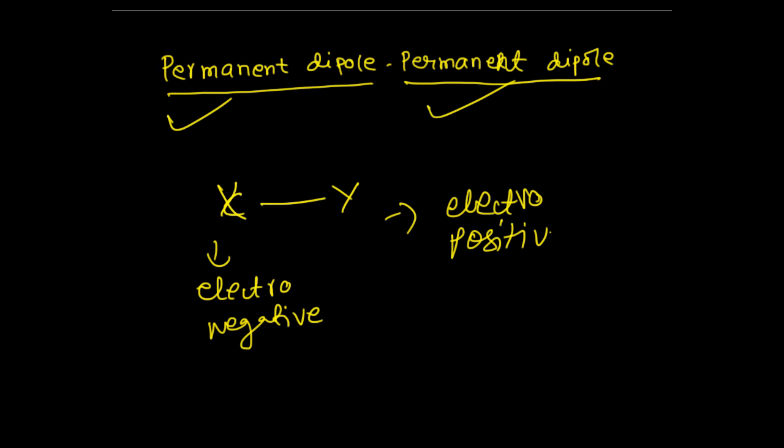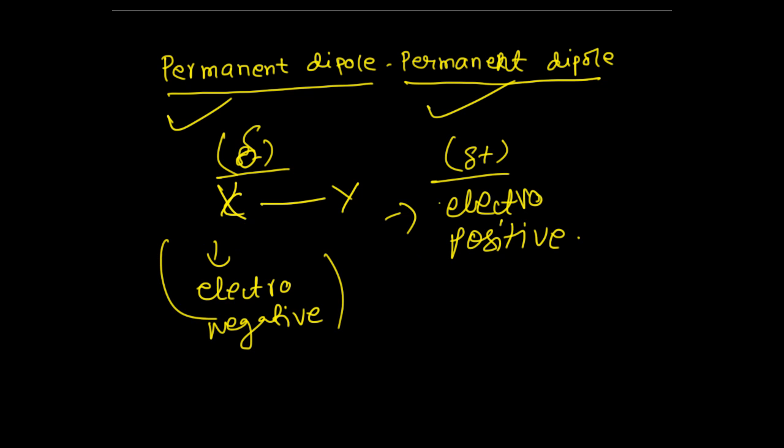If we have an electronegative atom and an electropositive atom bonding with each other, it means that they have an electronegativity difference, because one has delta minus polarity and the other has delta plus polarity. So if one atom is electronegative and the other is electropositive, then they are said to have permanent dipole interaction. Let's look at the example.